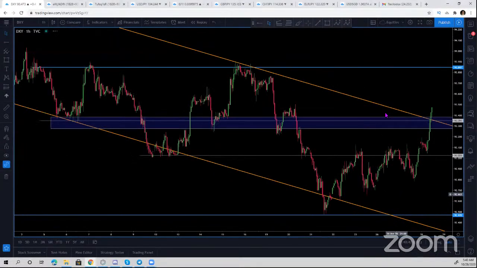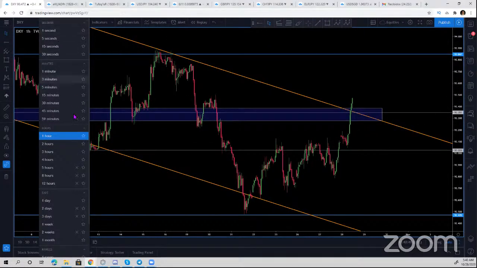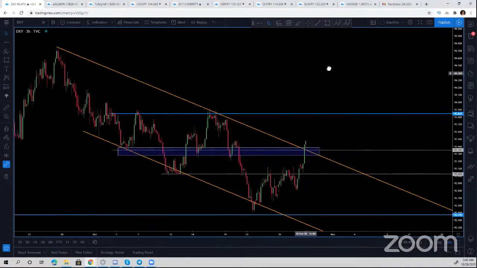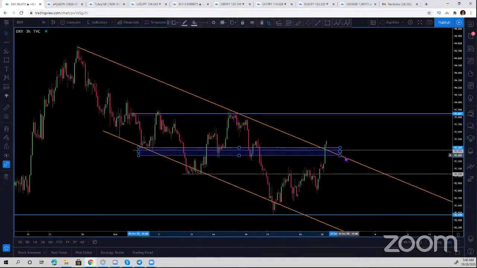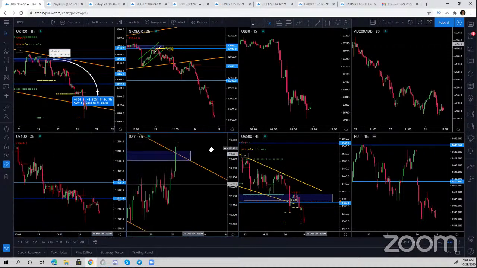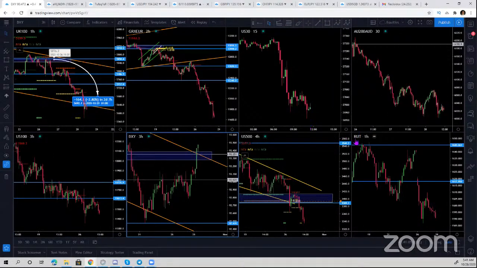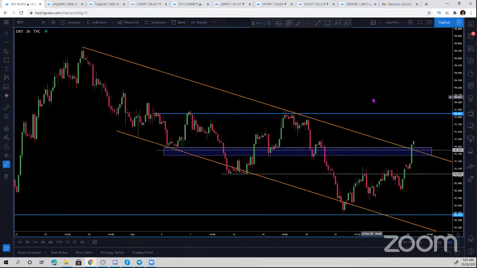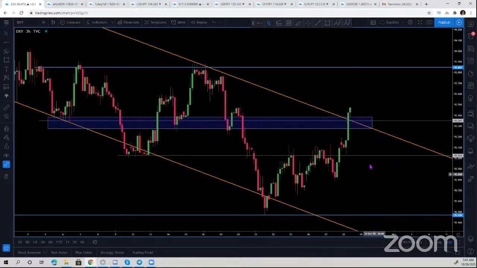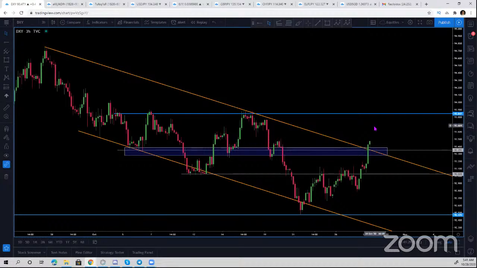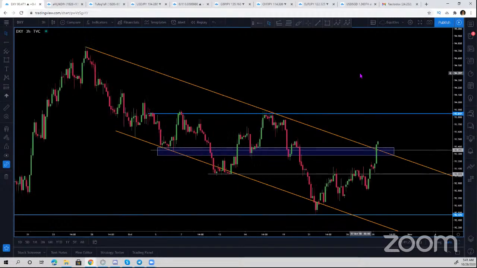So, Lloyd, the first thing I wanted to talk about is the U.S. dollar. This zone right here on the DXY, the U.S. dollar currency index, I always have this on one of my screens, global equities and the DXY. During the beginning of European trading, the US dollar started to rally really hard.